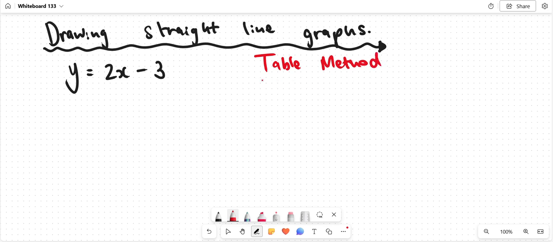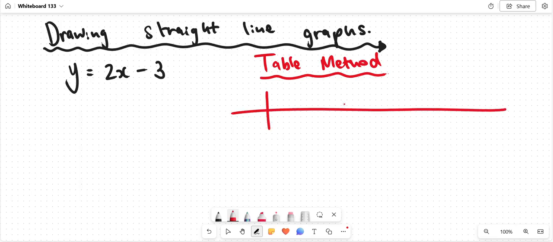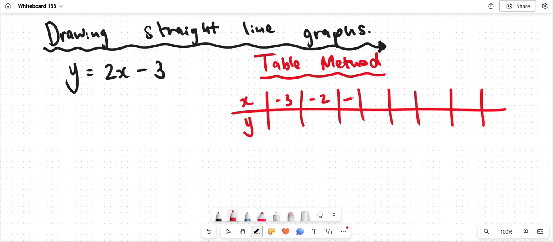And as this method suggests, we need to be drawing a table to actually calculate these values. So there is our table. At the top we have x values, at the bottom we have y values, and what we're going to choose is a range from -3 going all the way to +3.